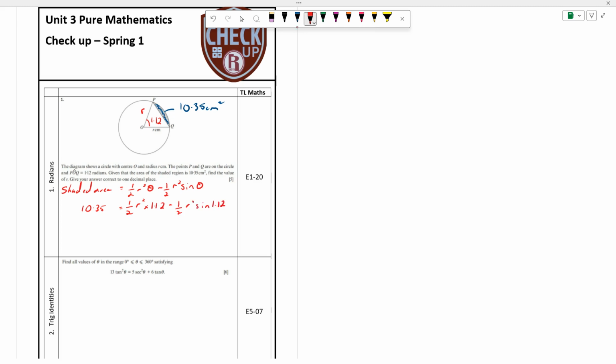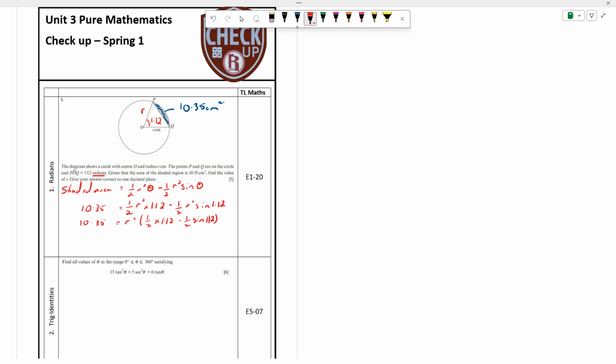Obviously we're working in radians, so make sure you calculate in radians before you use the sine. On that right hand side, they've all got an R squared in them, so I take an R squared out and I get R squared times a half times 1.12 minus a half sine of 1.12.